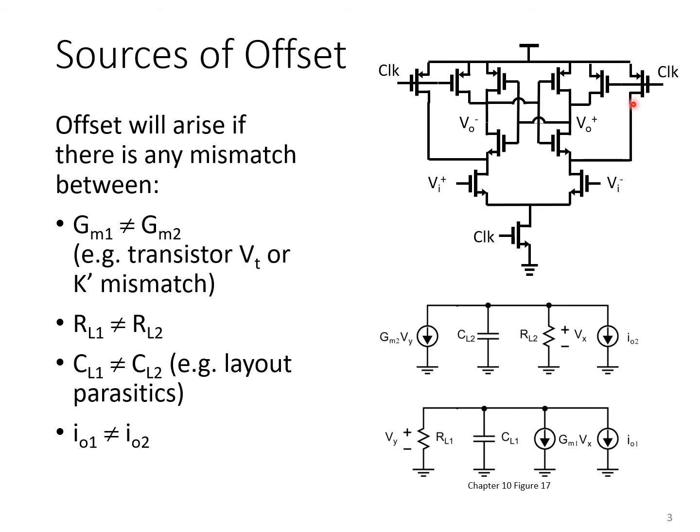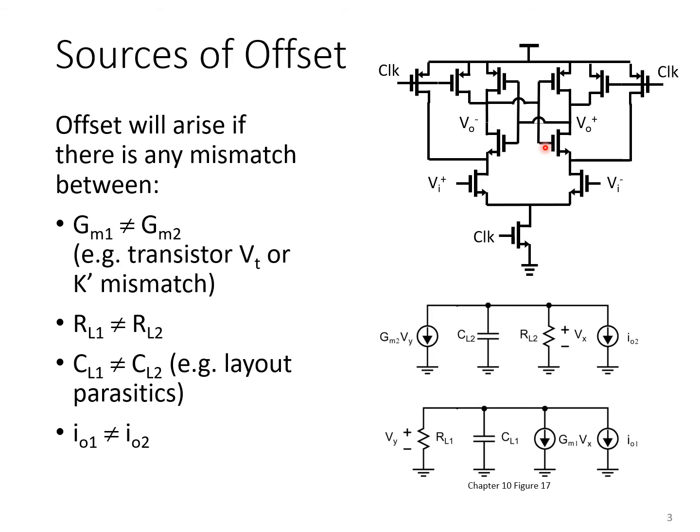You've simply got to cross wires over one another, and usually in doing so, it can be impossible to make all the parasitics perfectly matched. So any imbalance of that type will give rise to offset. And then you've just got random mismatches that arise because any pair of transistors considered here will have differences in threshold voltage, differences in transconductance parameters, just because of random variations during manufacturing.